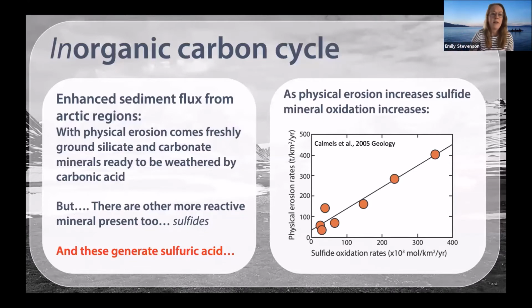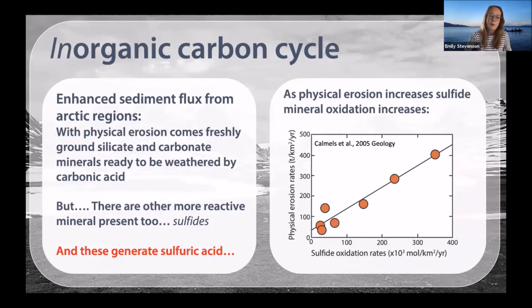Another part of the inorganic carbon cycle: I've talked about silicate rocks and carbonate rocks. We've talked about physical erosion. Because we've got all this active cryogenic weathering, and we have this enhanced sediment flux, we have lots of ground up silicate and carbonate rocks, which can be weathered by carbonic acid, which contains carbon.